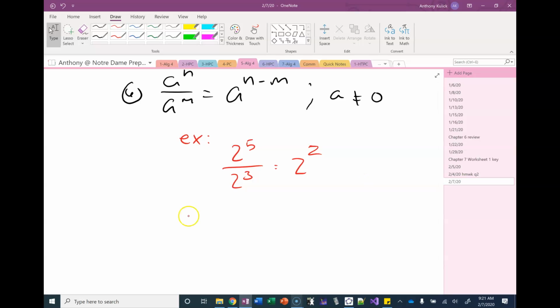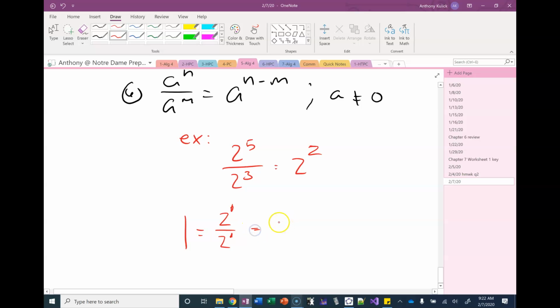So let me just explain to you guys why something to the 0 power gives you 1, now that I have these properties down here. Well, I know 1 is the same thing as like 2 over 2, right? And 2 is really the same thing as 2 to the 1st.